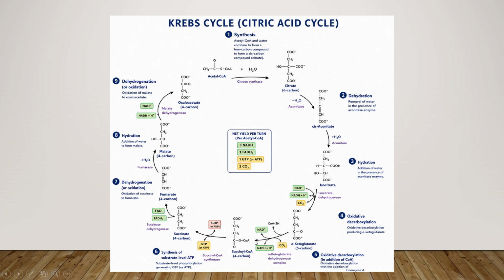Again an NADH molecule is produced and 1 carbon dioxide molecule is lost, meaning 1 carbon is lost. That is why 5 carbon is converted into 4 carbon.